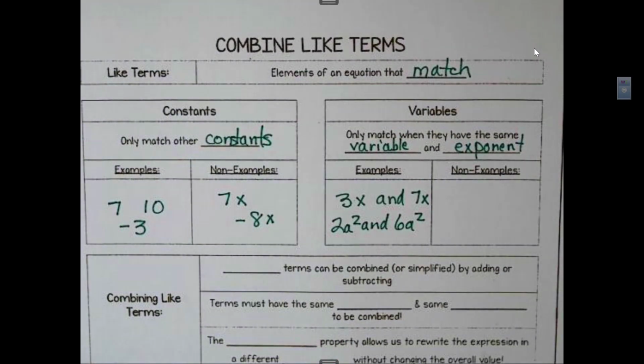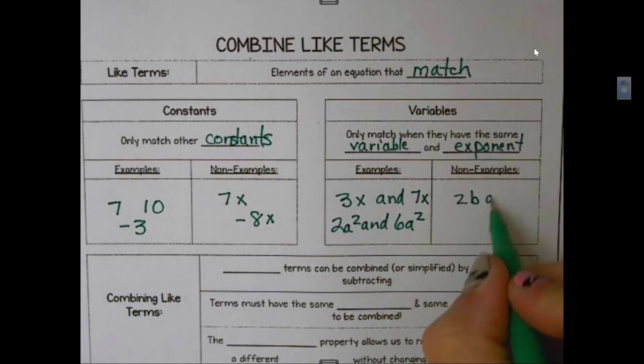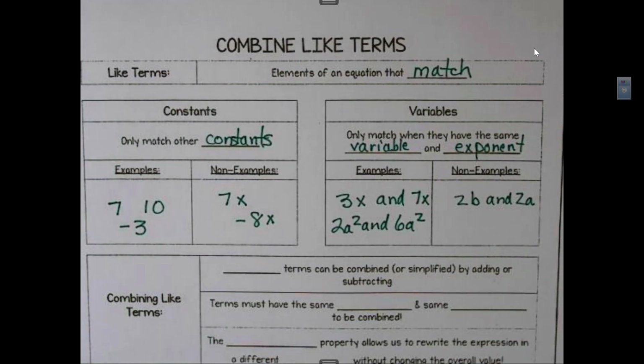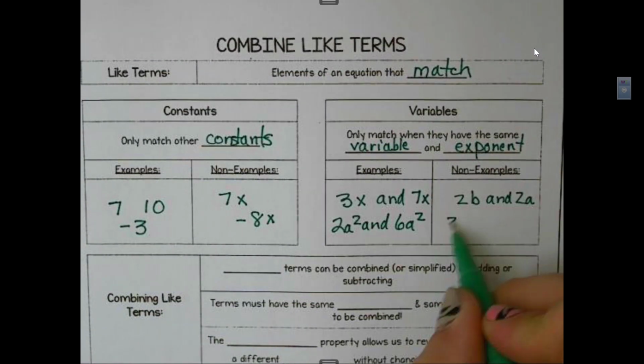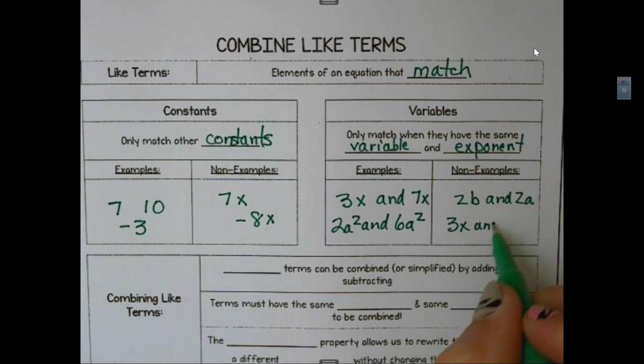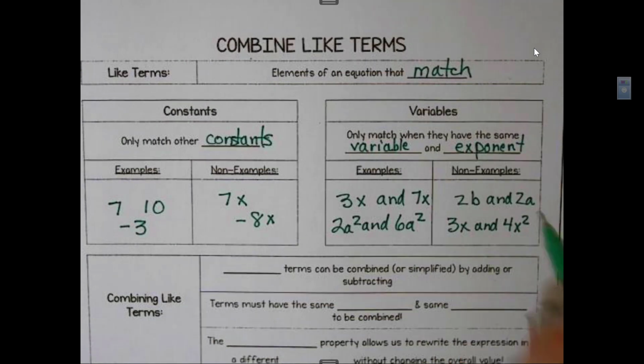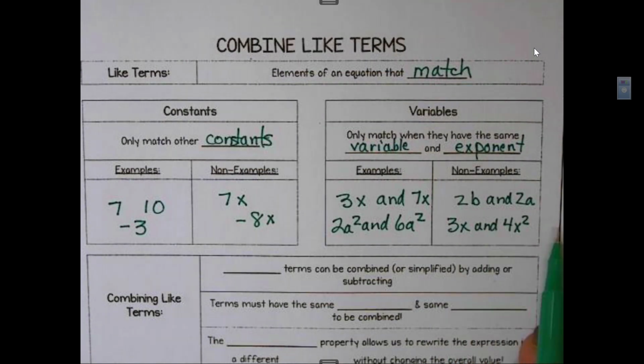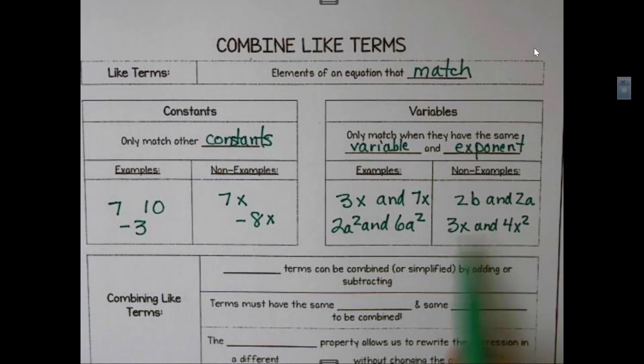Some non-examples would be 2b and 2a: different letters, they don't match. 3x and 4x squared: this one would be to the power of 1, this one would be to the power of 2, so these do not match.